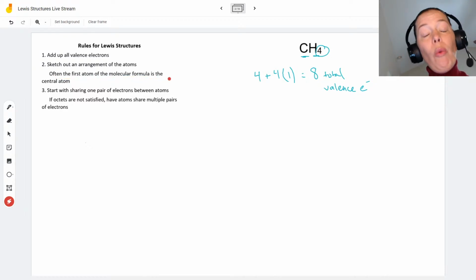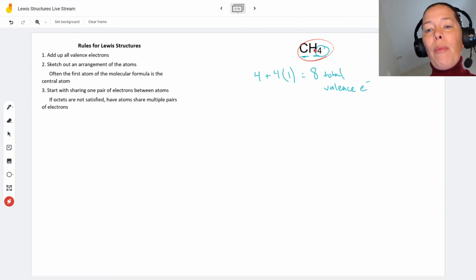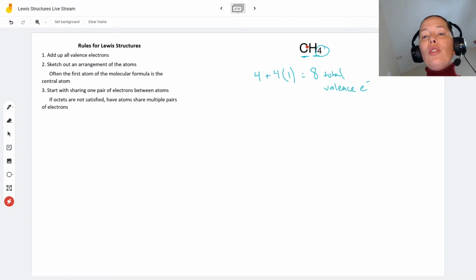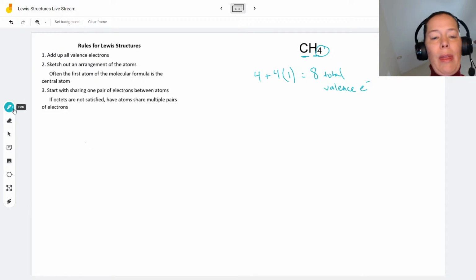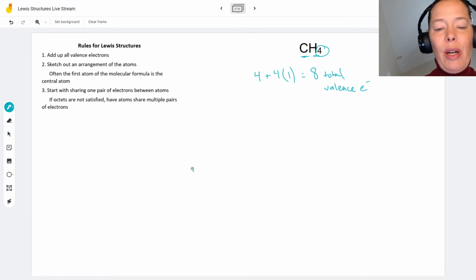This is not always true, but it is usually true. So if I'm looking at methane, I see that my carbon is written first, so I am going to assume that that is my central atom. I'm going to make that my best guess and see if I can come up with an arrangement that I think might work. So I'm going to put carbon in the center and my 4 hydrogens around.